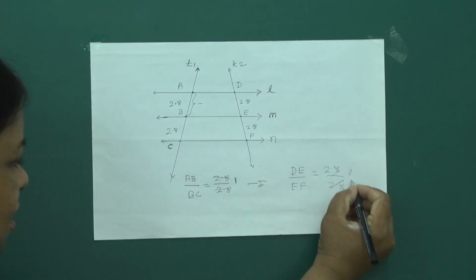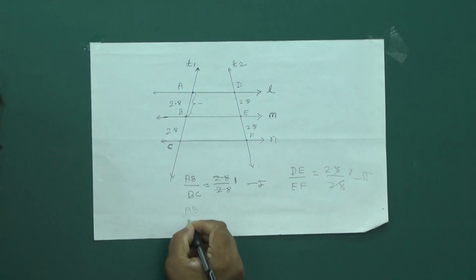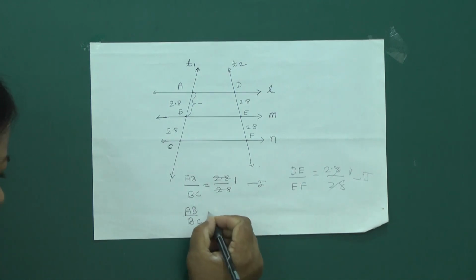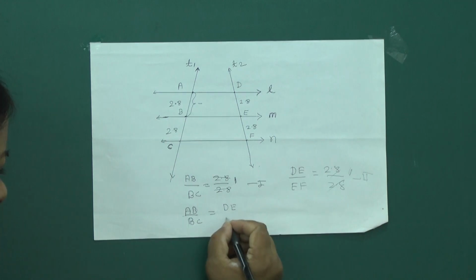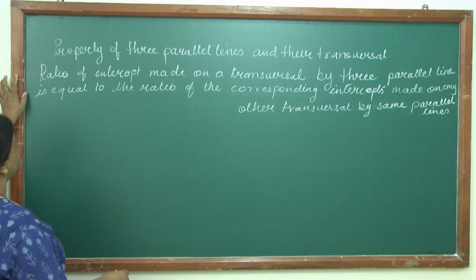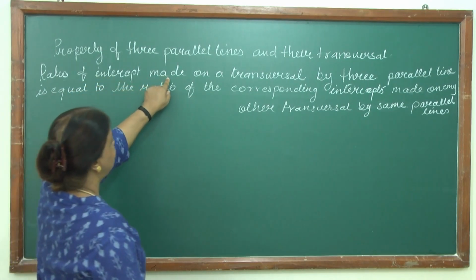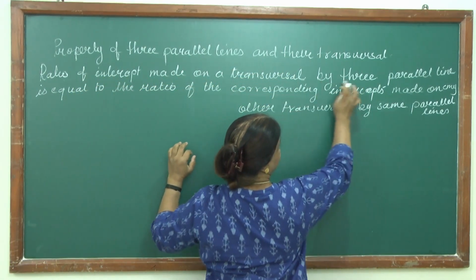That means this is my second statement. That means AB upon BC is equal to DE upon EF.